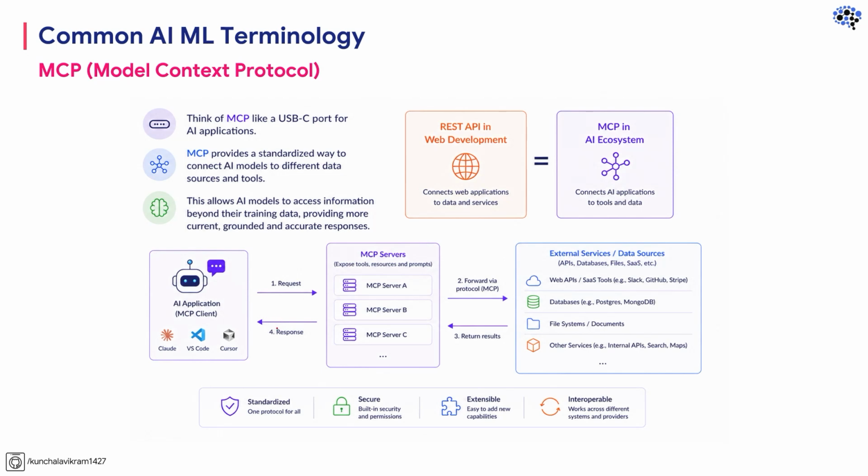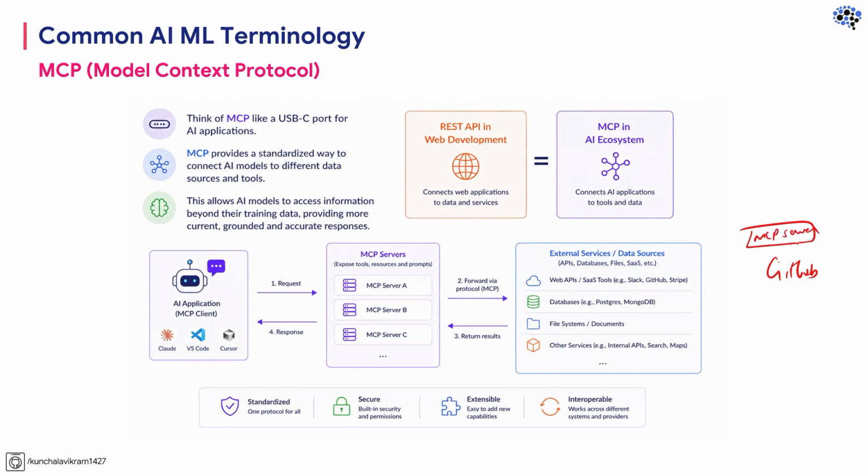But with MCP, here is how an AI agent can actually do that. We have a lot of external services, right? They can be databases, or websites like Slack, GitHub, Stripe, or any flight or hotel booking services and apps. What they do is create their own MCP servers. For example, let's say GitHub has created its own MCP server.